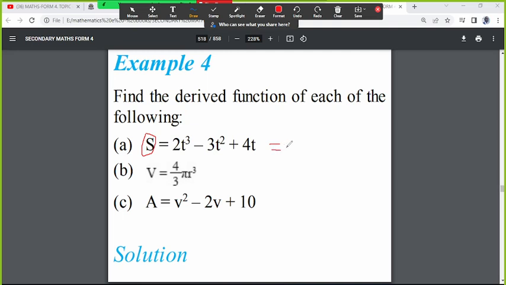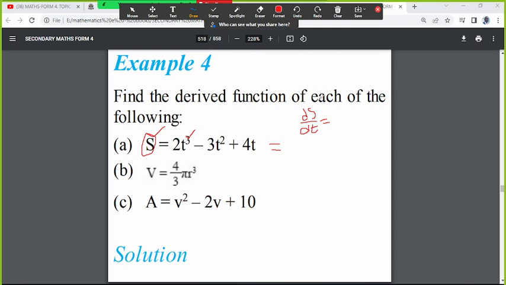If we want the derivative, we are not going to say dy, we are going to say ds over dt. That's the communication, because we are differentiating the function s with respect to t.